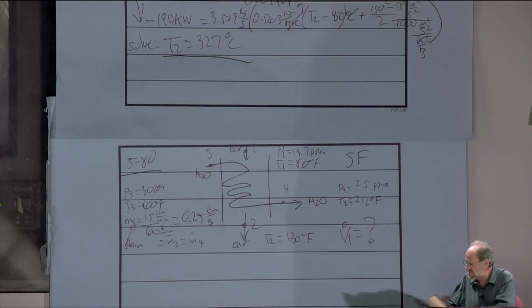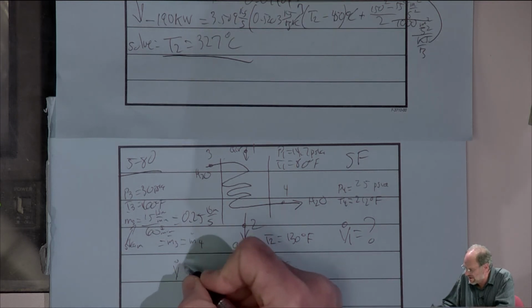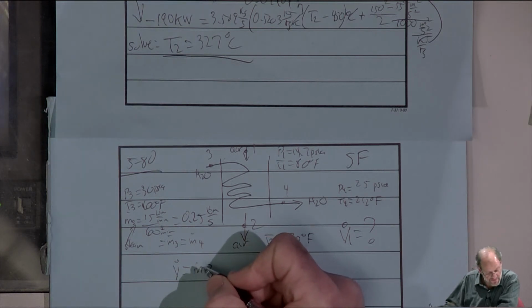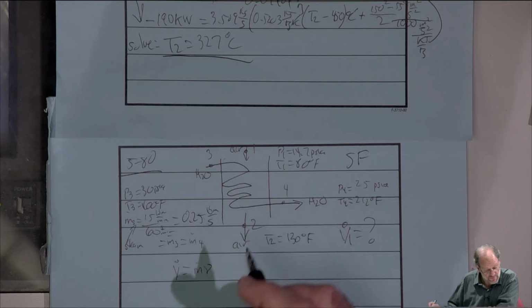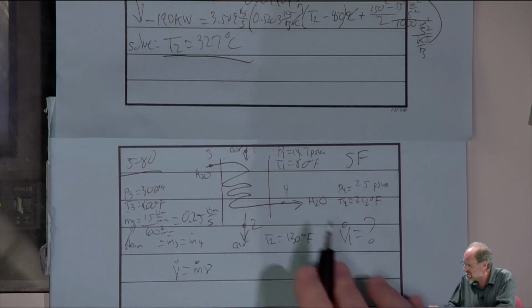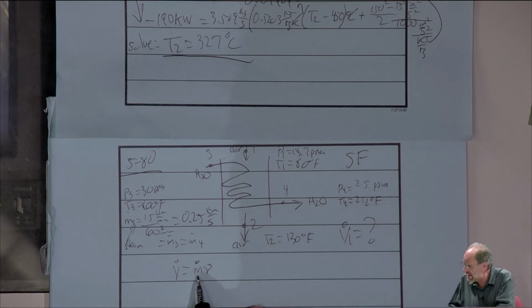Well, let's just note that to find the volumetric flow rate, that's the mass flow rate times specific volume. So if we're trying to find this for the air at 1, we need the mass flow of the air, and we need the specific volume of the air.